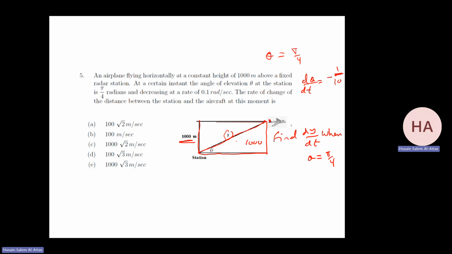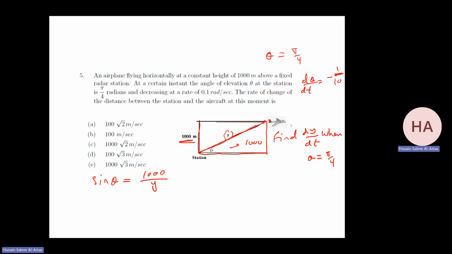I want the opposite with the hypotenuse. So that gives me sine theta equals 1,000 over y. I want to find dy over dt.